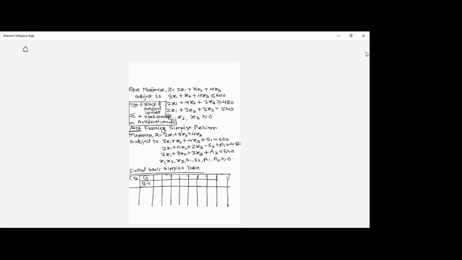The variables we have are x1, x2, x3, s1, s2, a1, and a2.